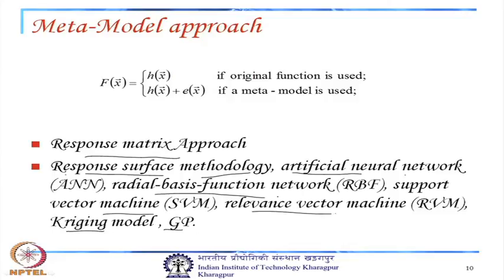So, what is the difference between our original simulation model and meta model? The original simulation model will give you the exact value of H or C, but in case of meta model there will be some amount of error involved with it.